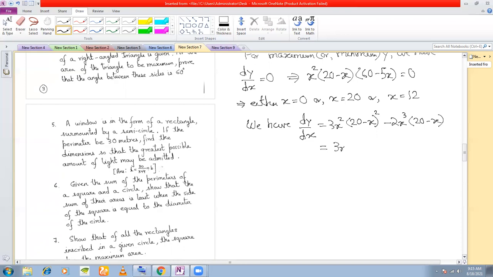Okay, so 3x square, if you expand this by a minus b whole square form, you will get 400 plus x square minus 40x.